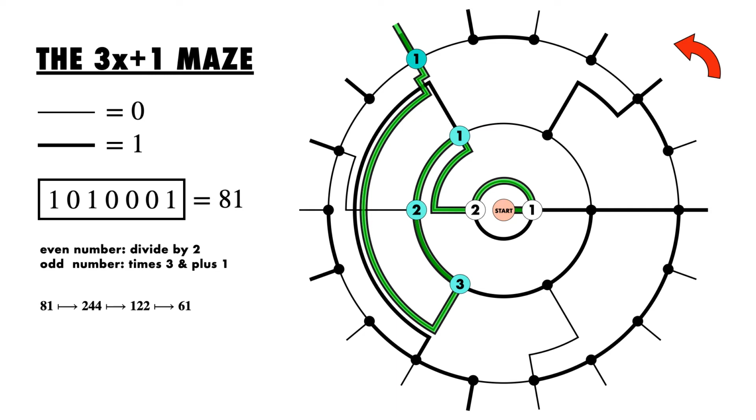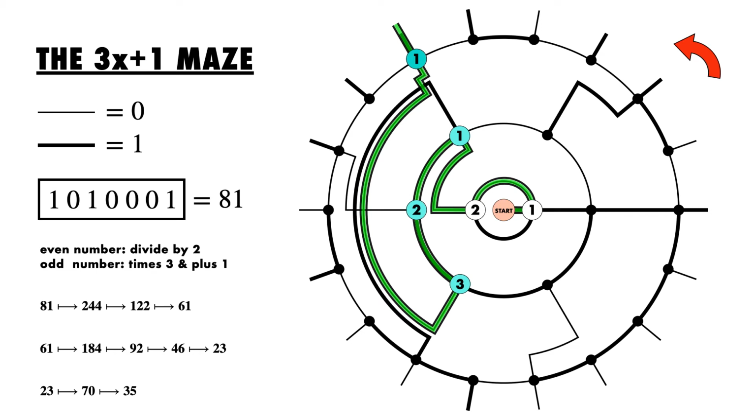And so we reach the odd number 61. And then we continue. 61 is odd, so times 3 plus 1. And here we see what happens through the even numbers 184, 92, and 46. We reach the odd number 23. 23 is odd again. Times 3 is 69 plus 1, 70. Divided by 2, because 70 is even, is 35.